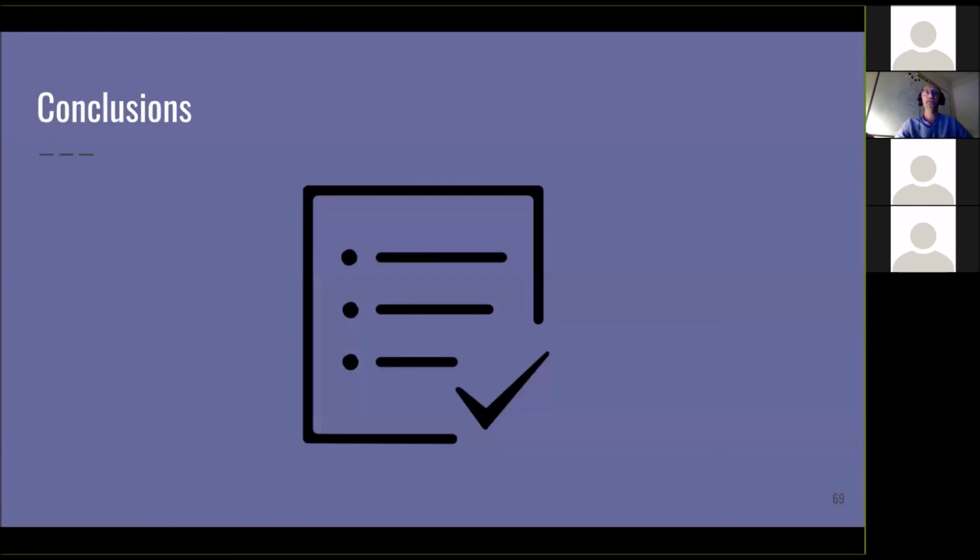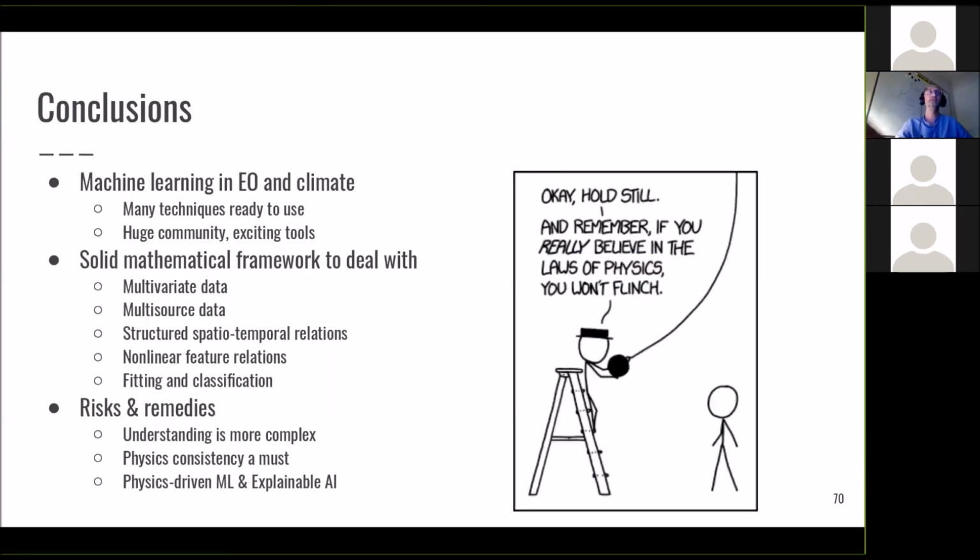Well, and just to end up with a bunch of conclusions, I think there are two things. Essentially, machine learning is there for helping us in our observational data analysis. It's a huge opportunity that we cannot discard. It can deal with multivariate data, with multi-source data.